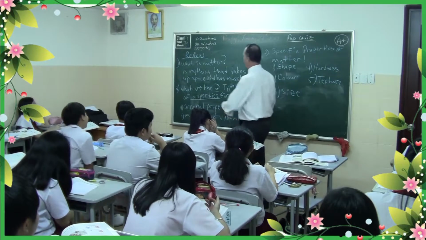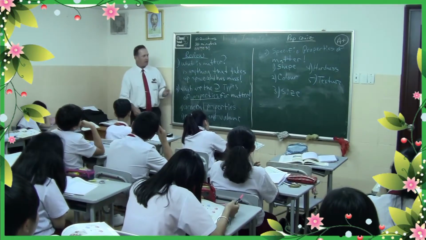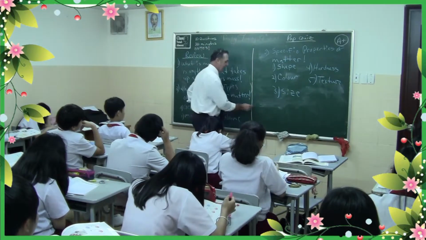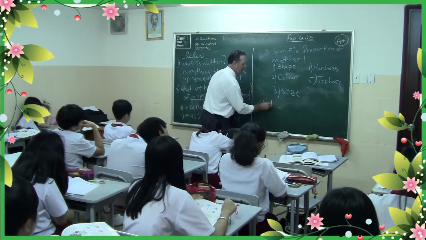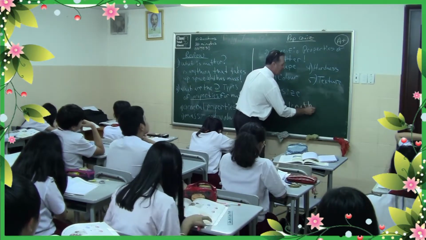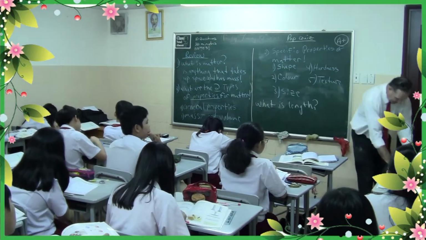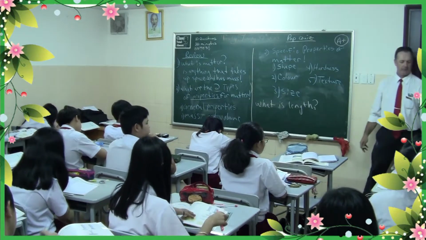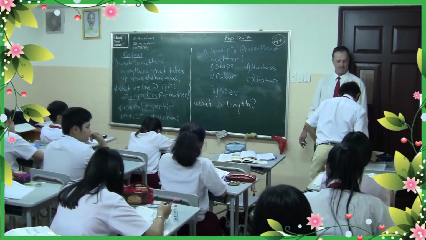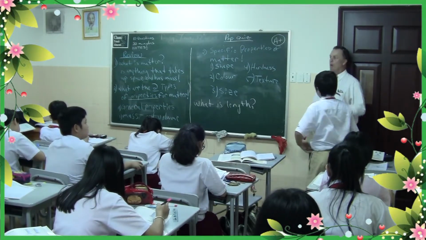So we have specific properties and we have general properties. Now we're going to start looking at a little bit more specific stuff, right? What is length? What is the definition of length? Right on.